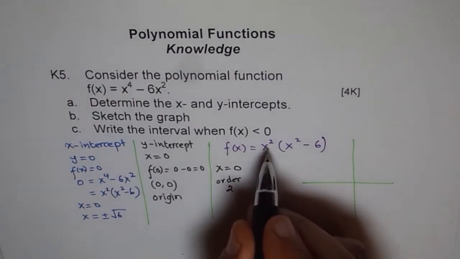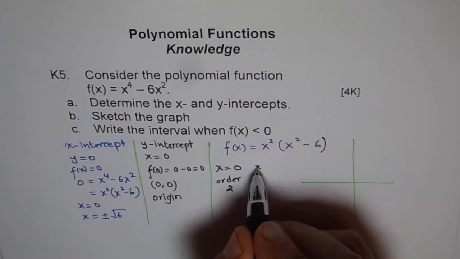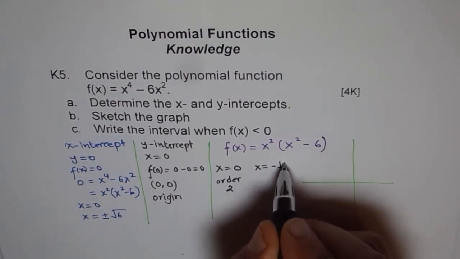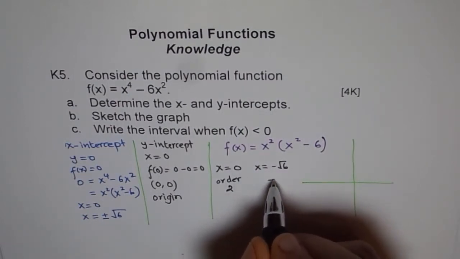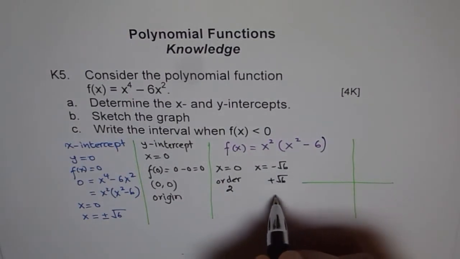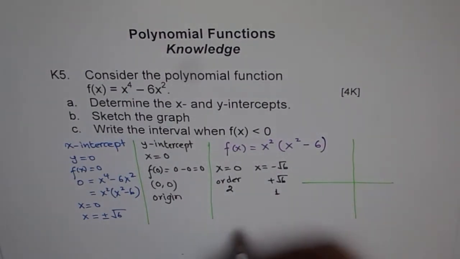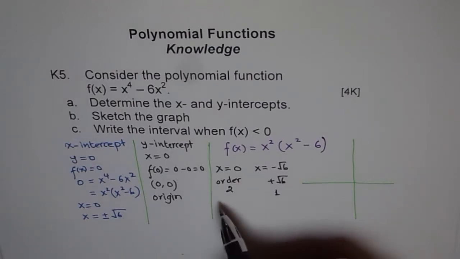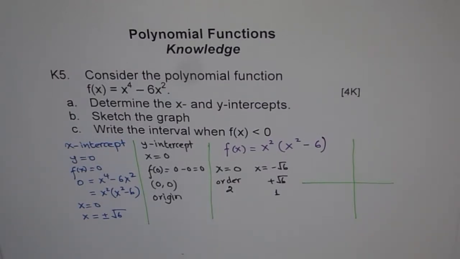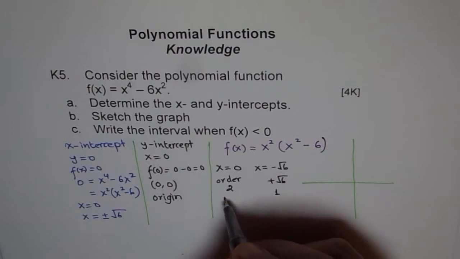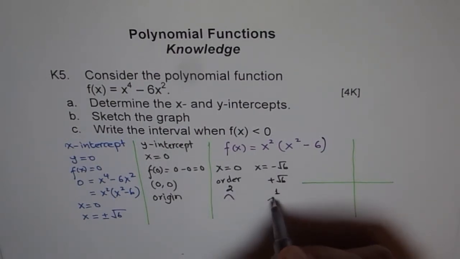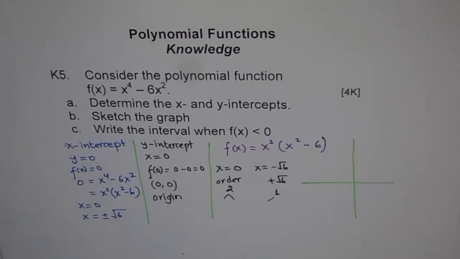X squared. The other zeros are at x equals minus square root 6 and plus square root 6, and their multiplicity is 1, correct? So what happens at these zeros? Here the graph will turn, and here the graph will cross like a line.